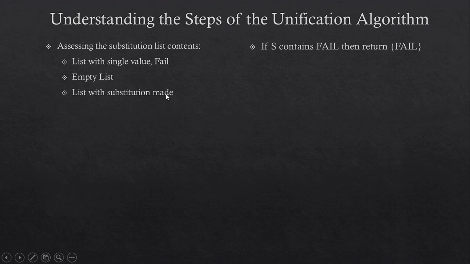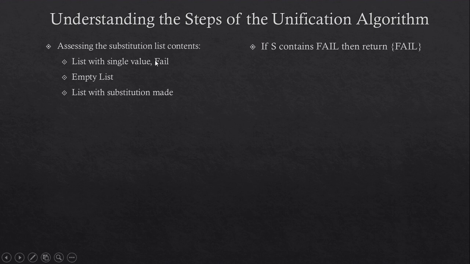But what are the exceptions? The list can either be empty because no substitutions were necessary. That means the argument pair matched, and the for loop can move to the next argument pair. Or the list can contain a value fail because the arguments were unequal constants.